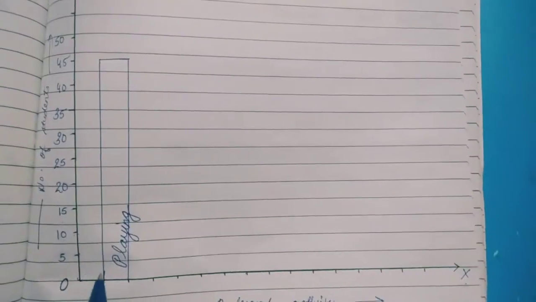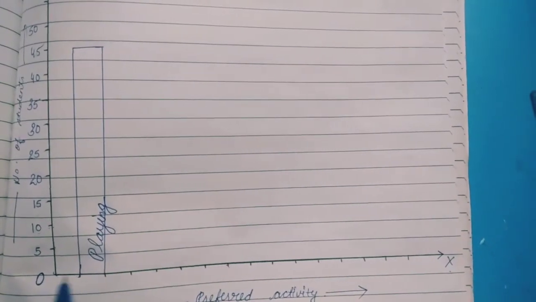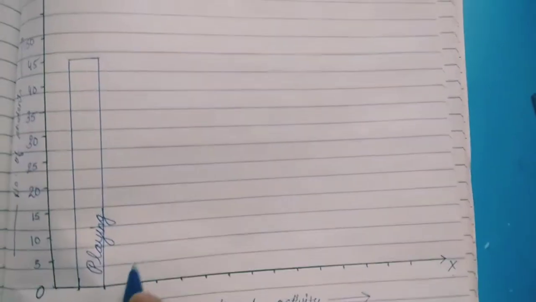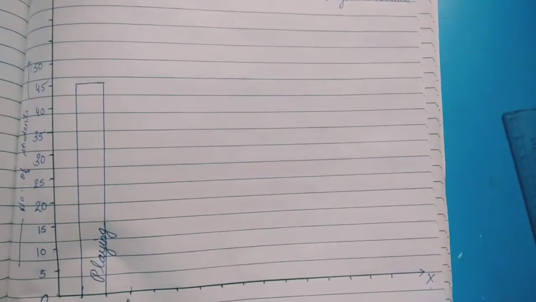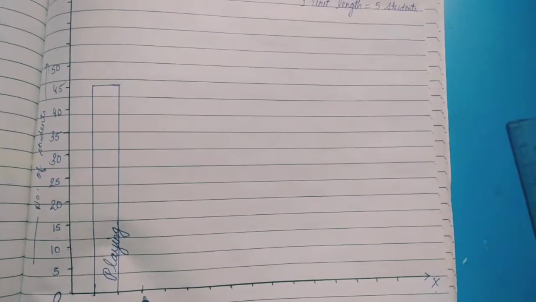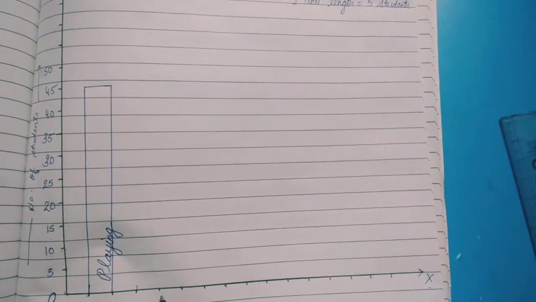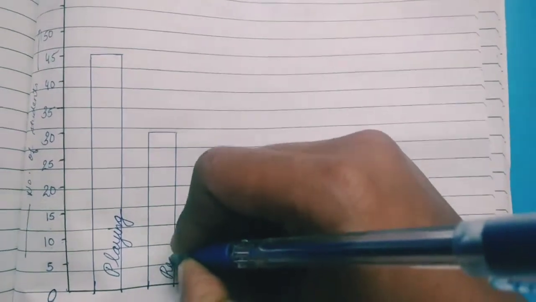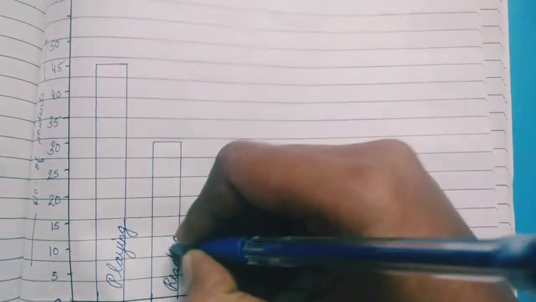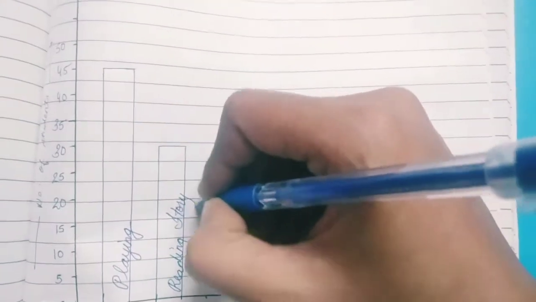The same gap we will leave, and we will draw a vertical line touching 30 and draw the bar. Its top is in front of 30, and this bar represents reading storybook.